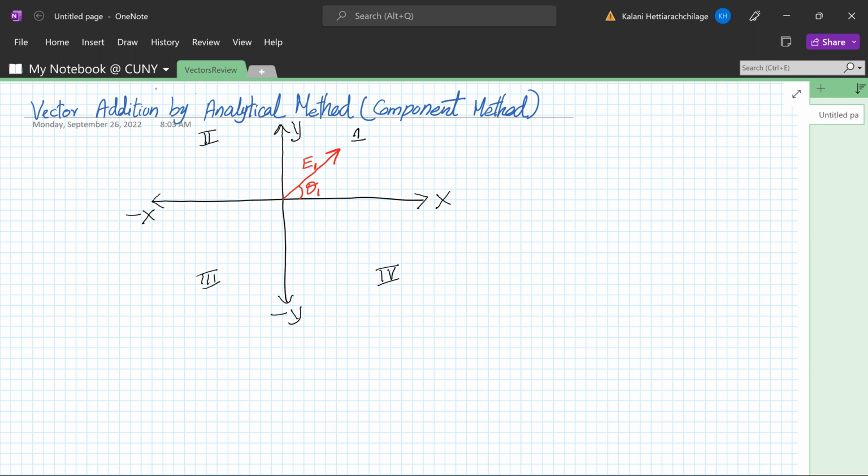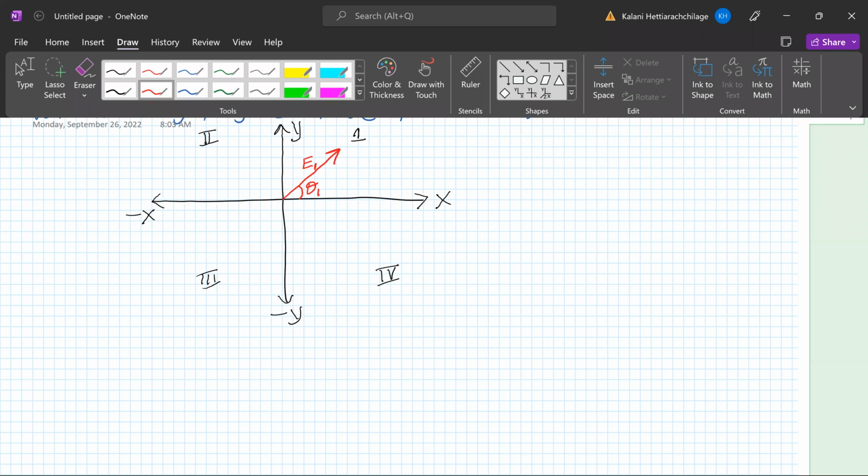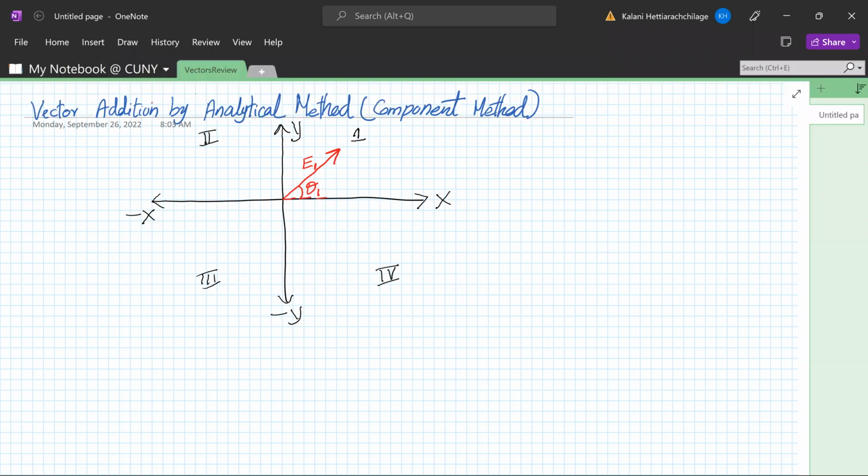So now this vector that I have in the first quadrant can be projected onto your x-axis and onto your y-axis. This projection, we call it the component, right? So what does projection mean? That means you have this vector, and I'm going to use the dotted line here. I can project this vector in this direction.